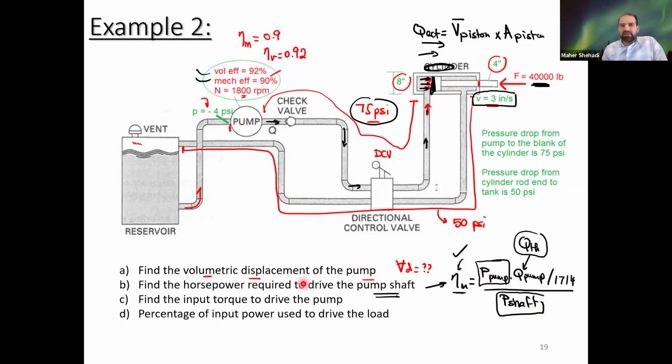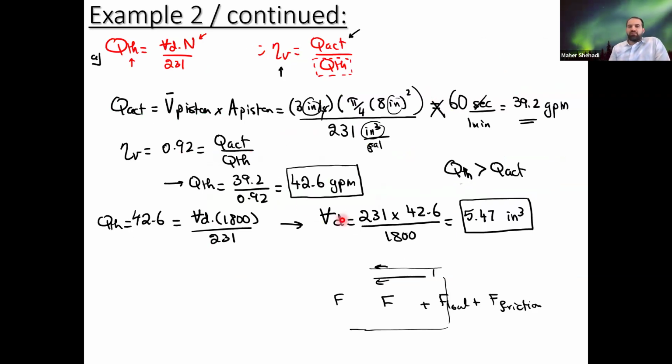volumetric displacement last time. So basically we calculated the actual flow rate Q, which is the velocity of the piston times the piston area. That was the actual, since it's coming from something that we measure. Where is it? It's here.